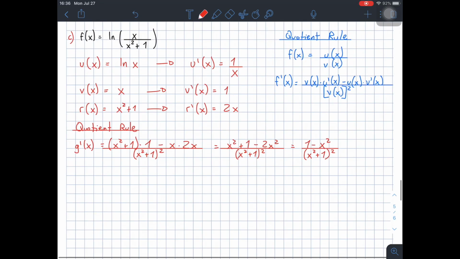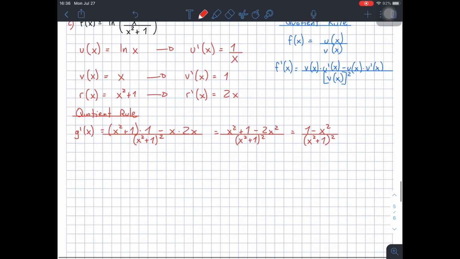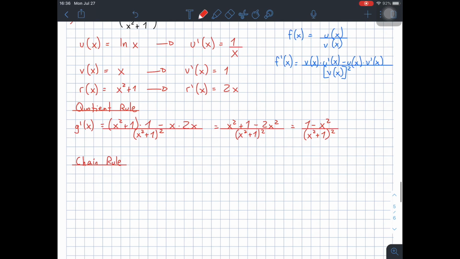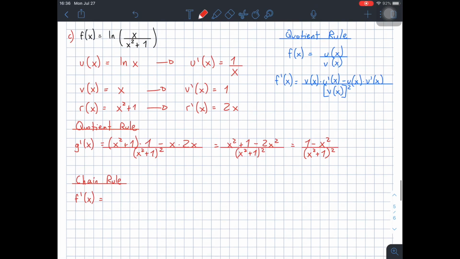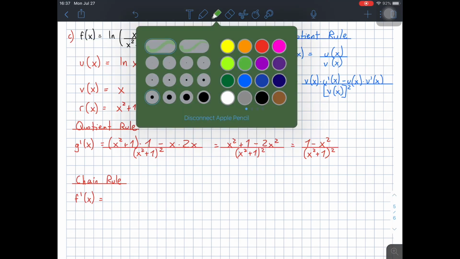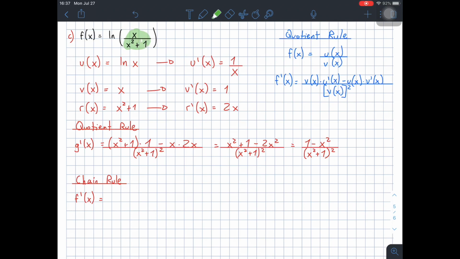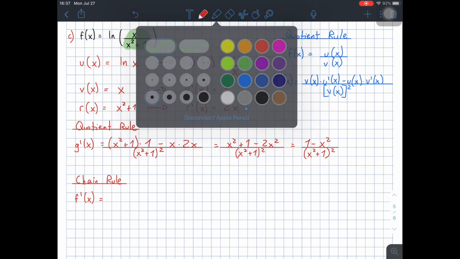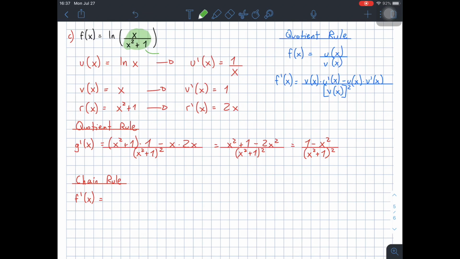Now I need to apply the chain rule. So I'm going to write chain rule. For the chain rule, the derivative f prime of x would be the derivative of this function, remaining with the x changing to whatever I have inside there. I'm going to mark this. I use green. All of this would be what I'm going to write as the x here.